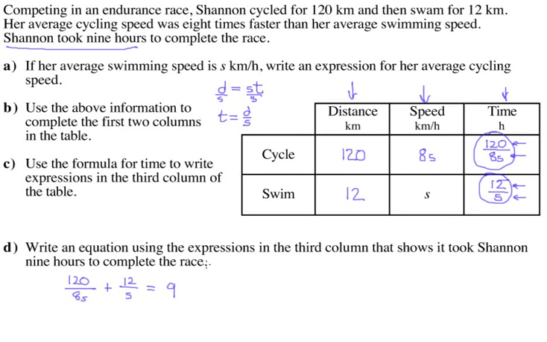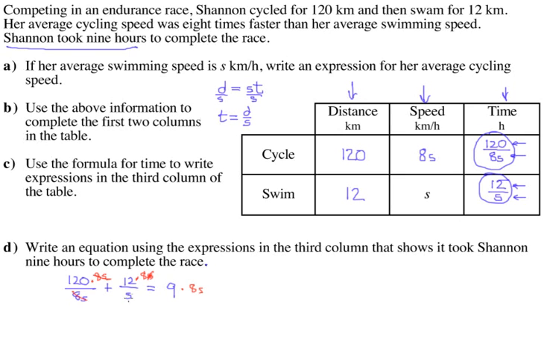If you are interested, though, I will now go on and solve this, and we'll see how fast Shannon actually is. Our common denominator is 8s, so I'm going to multiply that by 8s, and that by 8s, and the right side by 8s. Here the 8s's cancel completely.